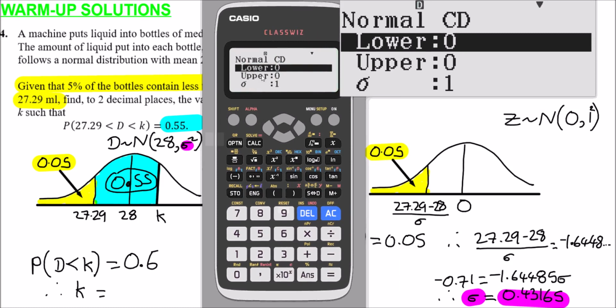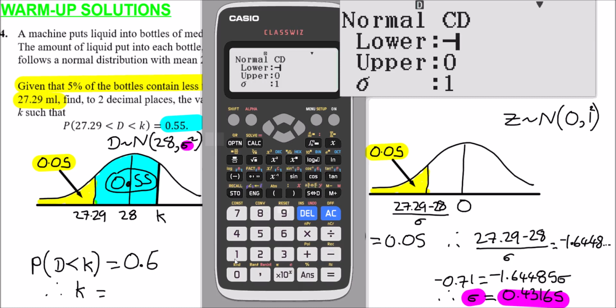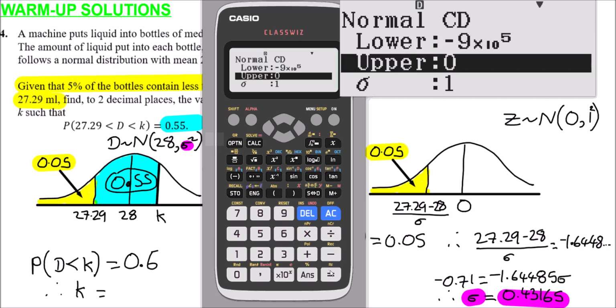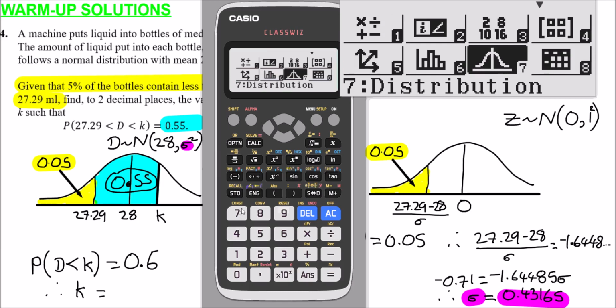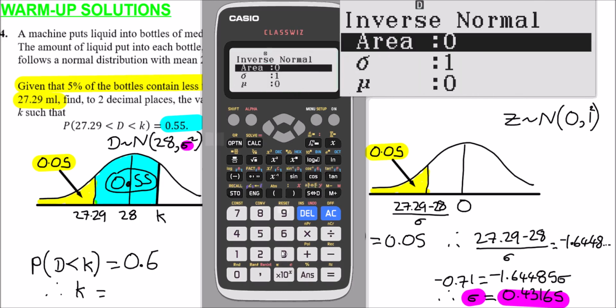So the lower bound is unlimited, as low as we can go. I'll put in minus 999,999. The upper bound is k, which is what we want to work out. In fact, what we do need to do here, I apologise, we need the inverse normal. I'm being very silly. Sorry, menu 7, inverse normal, silly me.